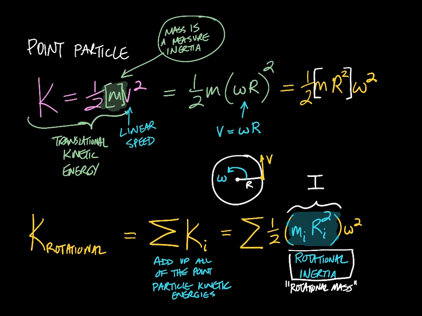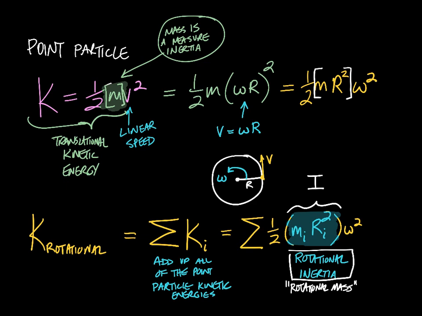The m has to be there because every particle has mass. The r squared comes in simply from translating from a linear speed to an angular speed. You get that radius squared, and that radius is referring to where that point particle is located in the extended body. When I add them all up, I get these nifty little formulas. So that's the long and short of what we mean by rotational inertia.